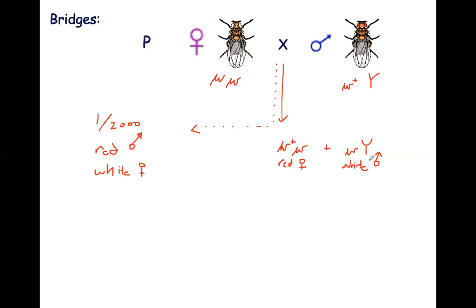Can you get a red-eyed male? The answer is no, you can't. Can you get a white-eyed female? No, you can't. So where in the world did these flies come from? Because there they are in the bottle, they exist. How in the world could that be explained?